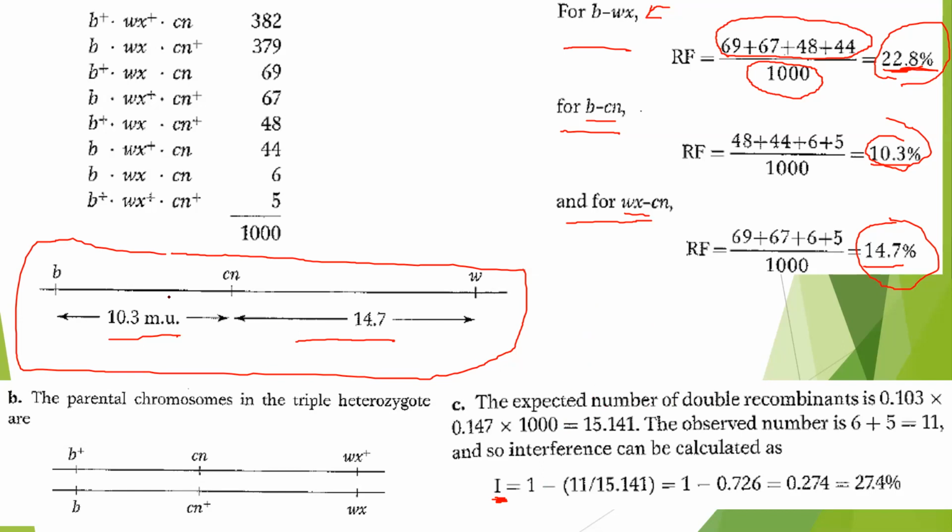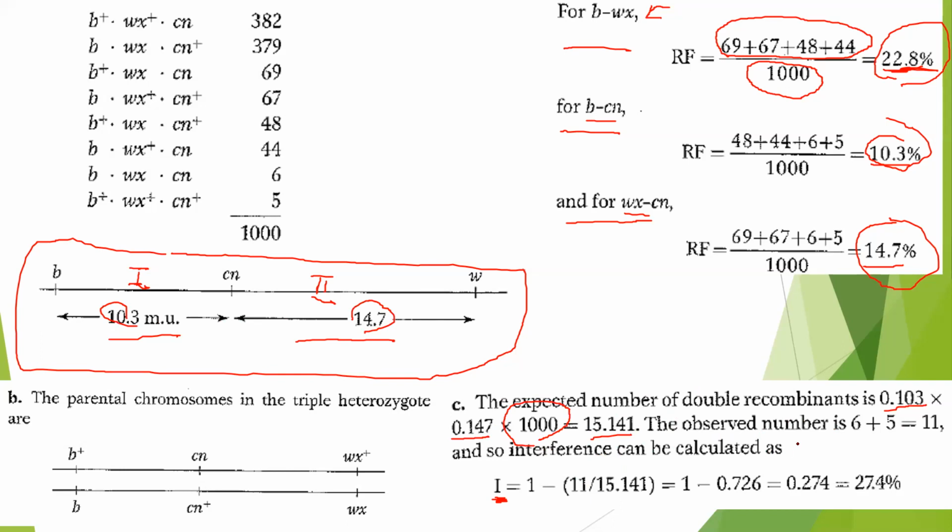Suppose region 1 and region 2 are independent, then the expected frequency of double crossing over should be the multiplication of these two numbers. That's the expected frequency for the double crossing over. If you multiply this number by the total number of progeny, that's the expected number of progeny carrying double crossover.